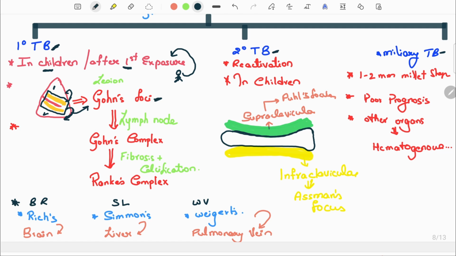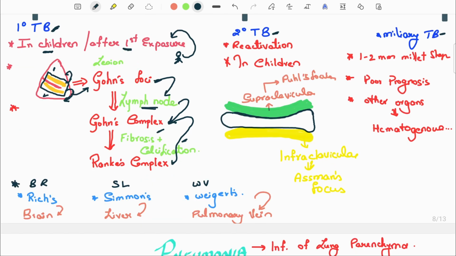With the Ghon's focus, if there is involvement of lymph nodes, then it is called Ghon's complex. Focus with the involvement of lymph nodes is converting into a complex. Okay, if there is involvement of fibrosis and calcification, this complex will convert into Ranke's complex.